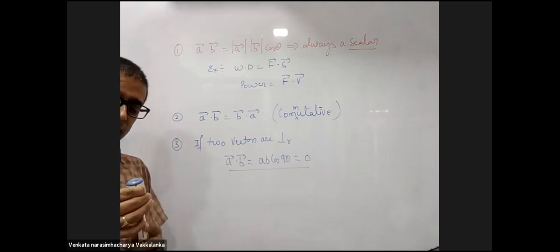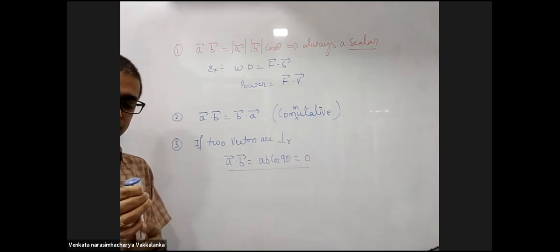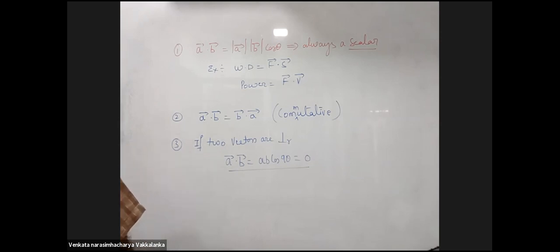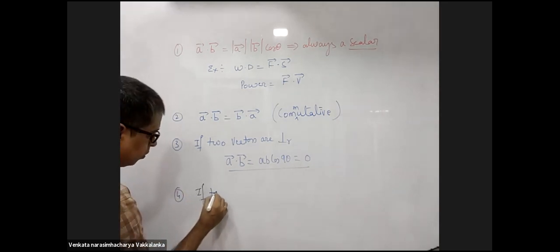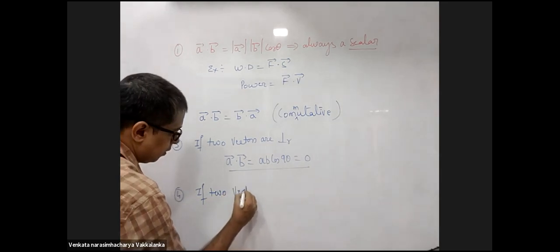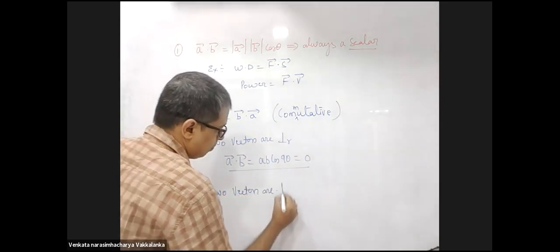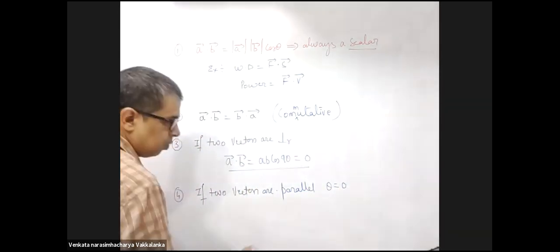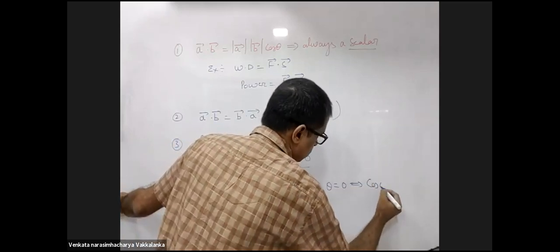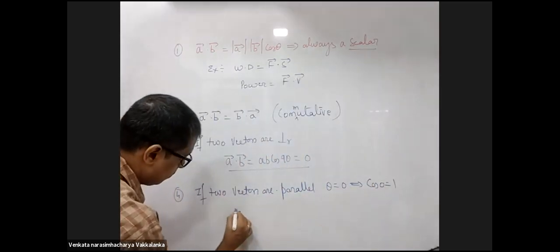If two vectors are parallel to each other, theta will be 0, hence cos 0 will be equal to 1.